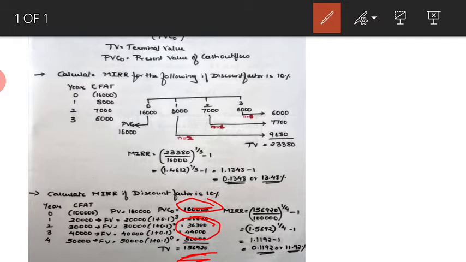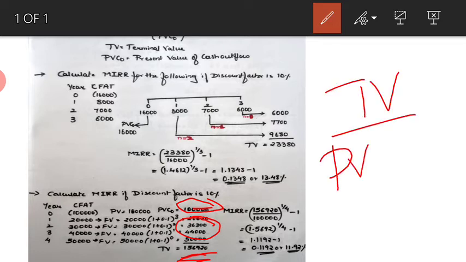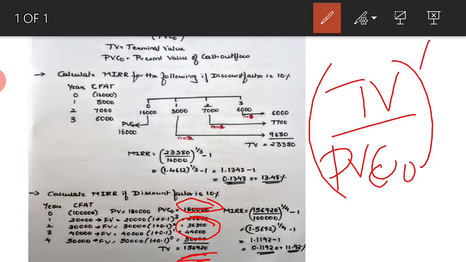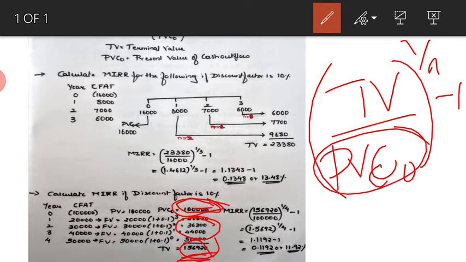So MIRR is, I'll repeat the formula once again, terminal value divided by present value of cash outflows, the whole raised to 1 by n, minus 1. So terminal value is 1,56,920. Present value of cash outflow is 1 lakh. So 1,56,920 divided by 1 lakh, raised to 1 by 4.